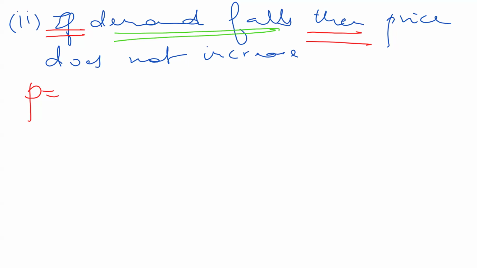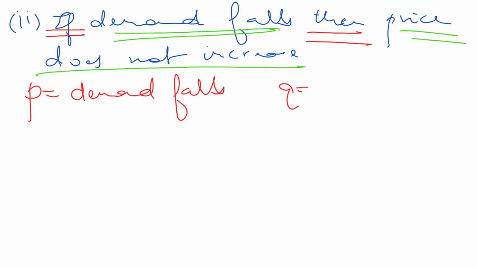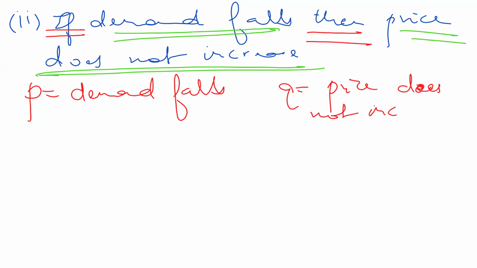If P then Q. So P is demand falls. P is the first part. Q: if P then Q, what is Q? Price does not increase.